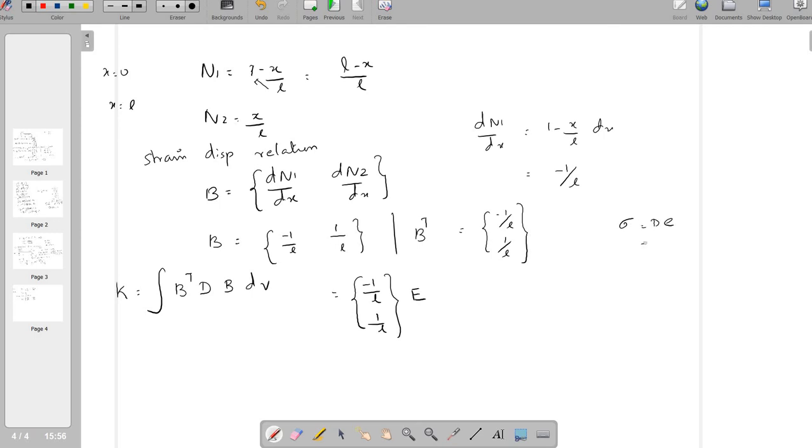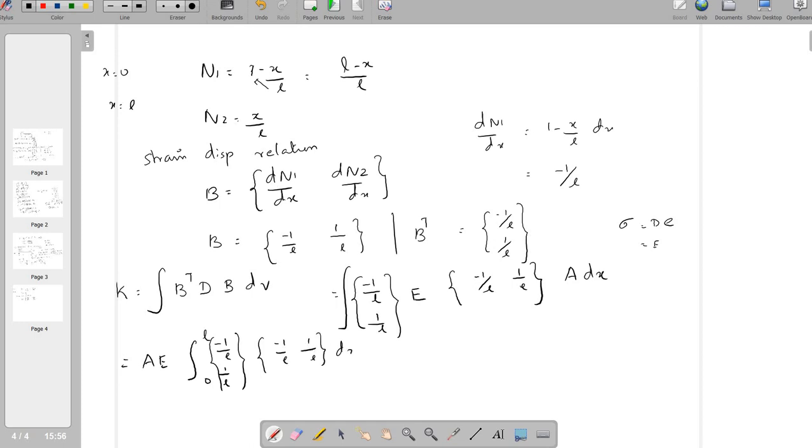B is again minus 1 by L, 1 by L. I am expanding the volume as A into dx, that is area into length is the volume. In the next step I am separating AE, integral from 0 to L, of minus 1 by L, 1 by L, times minus 1 by L, 1 by L, dx.